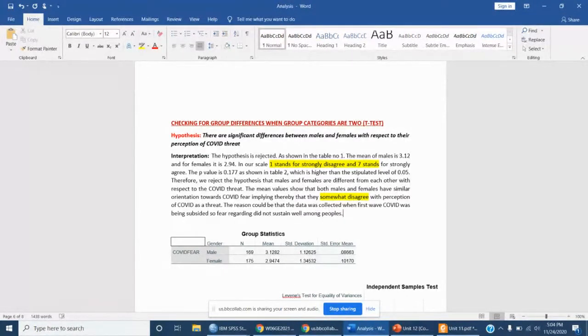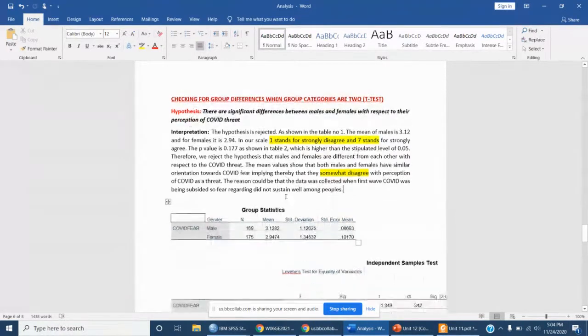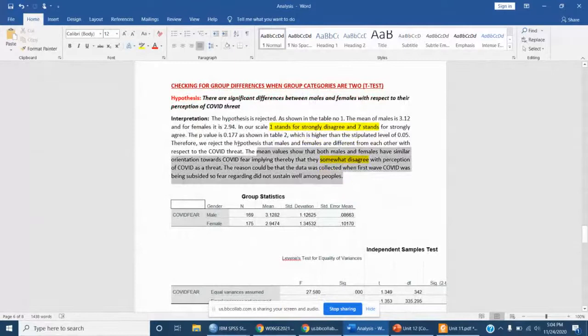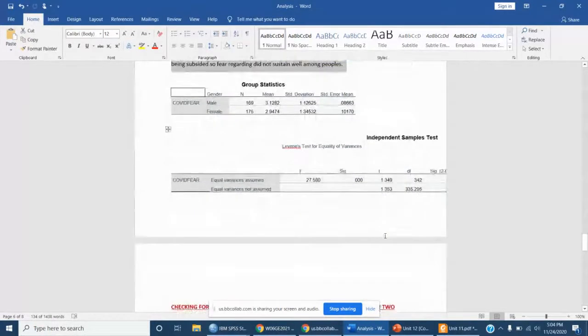Maybe this is the reason why my sample does not feel threatened by COVID. Okay, so this is how you will interpret your t-test.